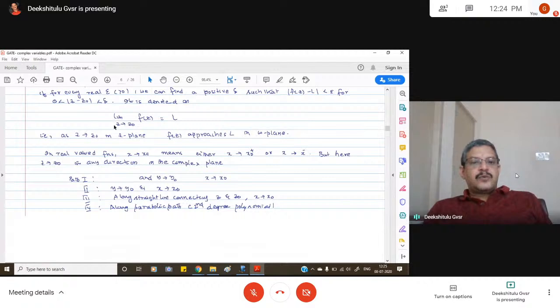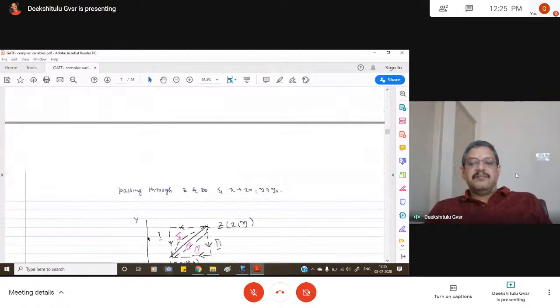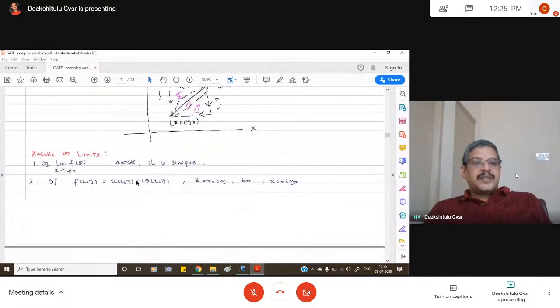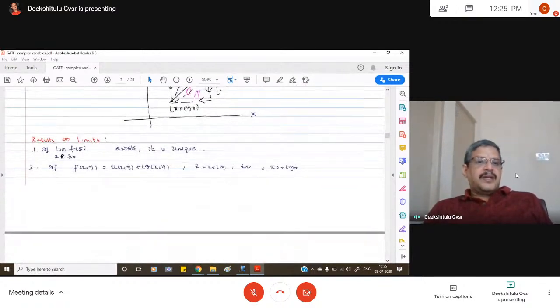So limit z goes to z0 of f(z) can happen in any of these ways, and we say that the limit exists only when the limit is the same in all these cases. Even if one case fails, then we say that the limit does not exist. Let us see some results on limits. If limit z goes to z0 of f(z) exists, then it is unique.